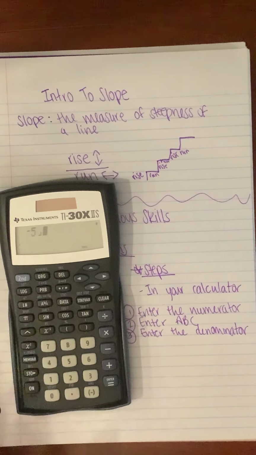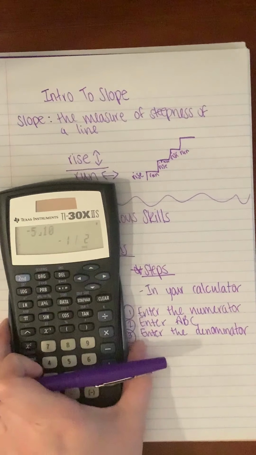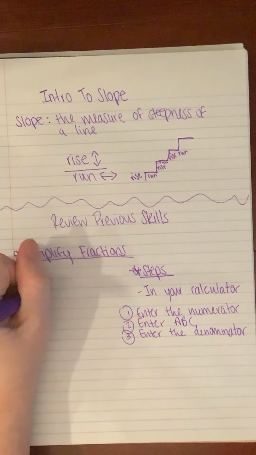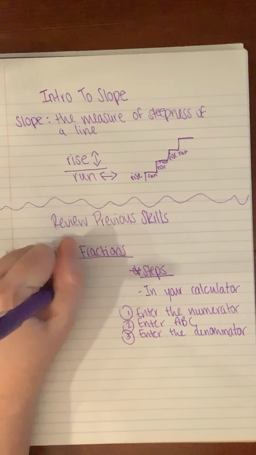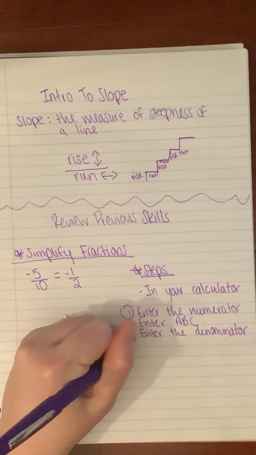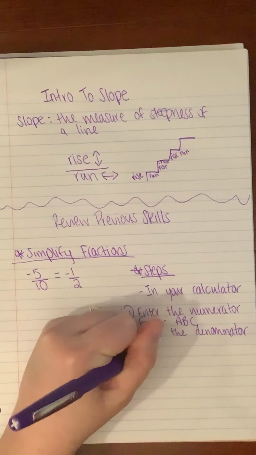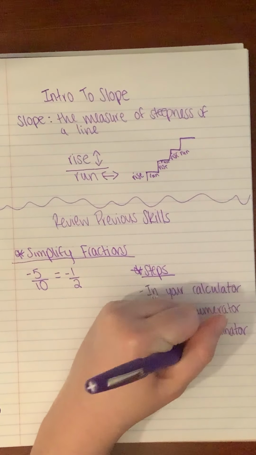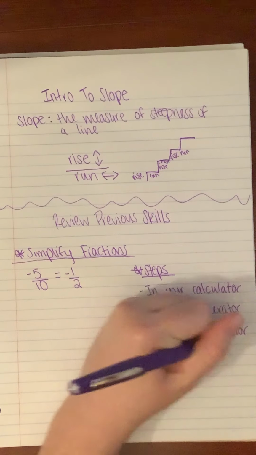So ABC, and then we have our 10. And then the last step, I'm going to hit enter. And if you check on your calculator, in order to simplify it, it equaled -1/2. And let's add that step to our steps, just so you do not forget to enter the equals button.